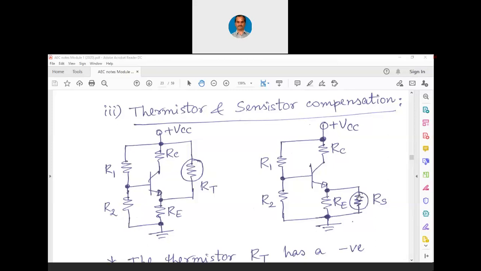When the voltage drop at the emitter increases, again the same effect happens. Across base to emitter, there is a slight reverse biasing and the transistor will come back to active region. The transistor will never be able to go into saturation region. That is how, using thermistor and sensistor, the circuits can be compensated.